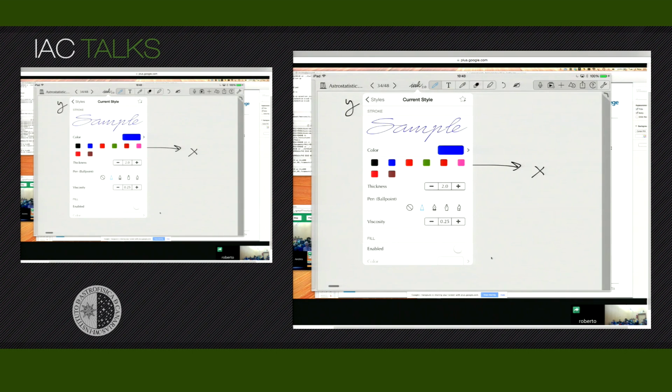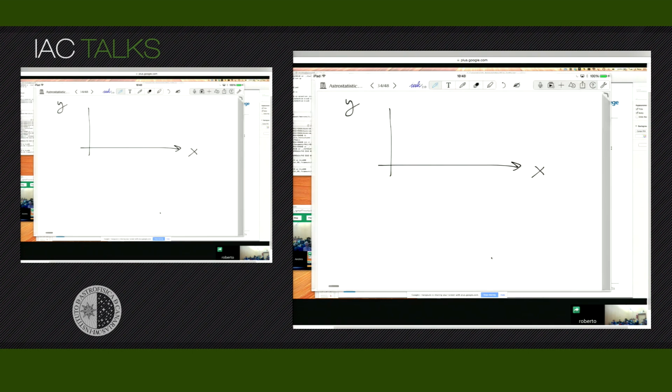We have an intrinsic latent value for the x's, and an intrinsic latent value for the y's. Now, there is a linear relationship between the two: y equals a plus bx.